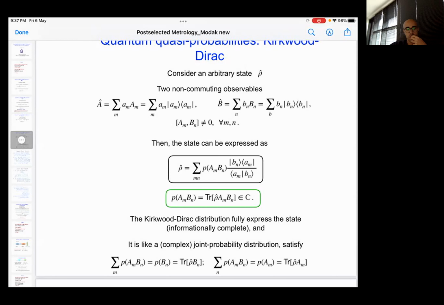The form of this Kirkwood-Dirac quasi-probability distribution is the trace of rho times A_m and B_n. These A_m and B_n are mutually non-compatible.